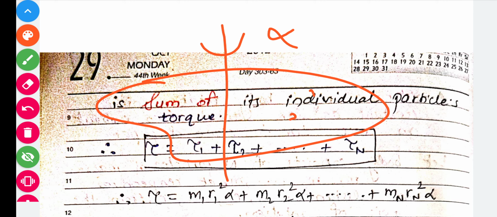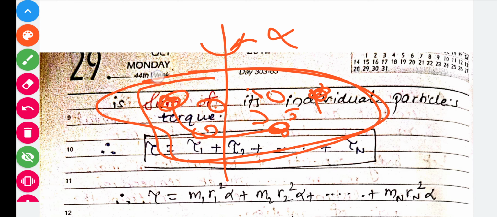All the particles are performing circular motion with constant angular acceleration. So the torque of the first particle plus the torque of the second particle, the third particle, up to the nth particle. When we add the torque of all the particles, we get the torque of the whole body.